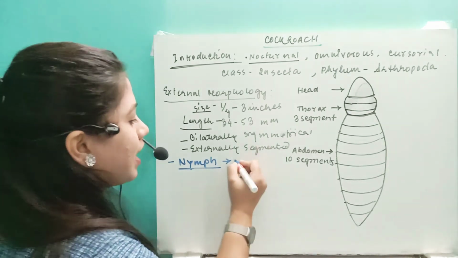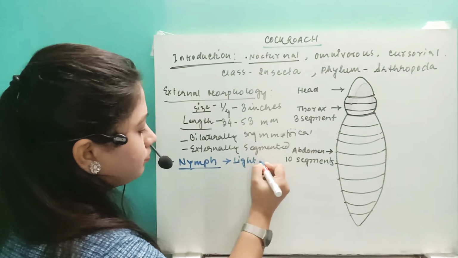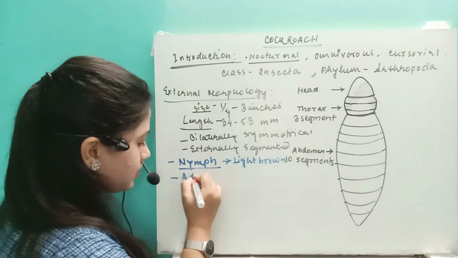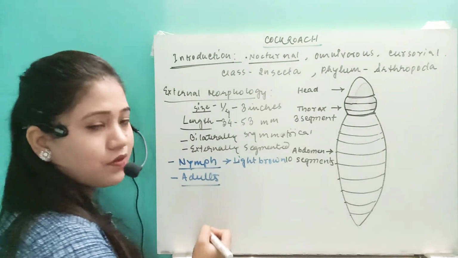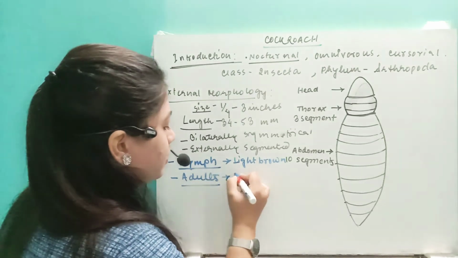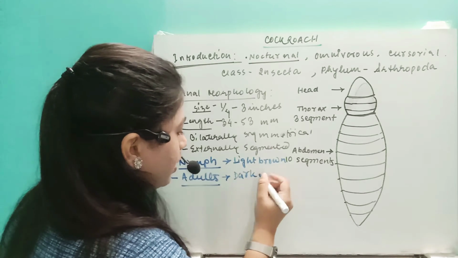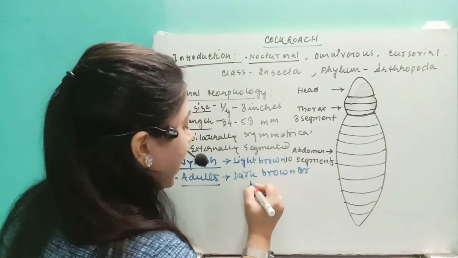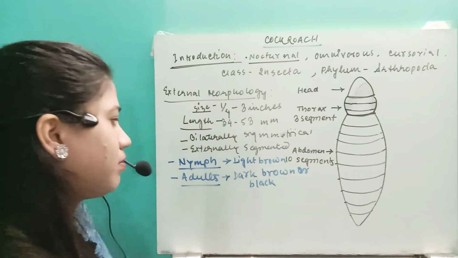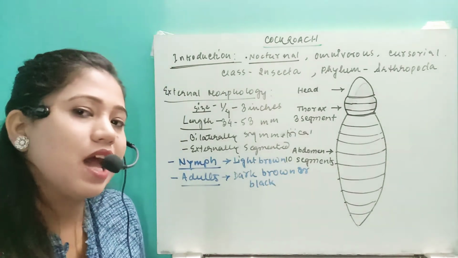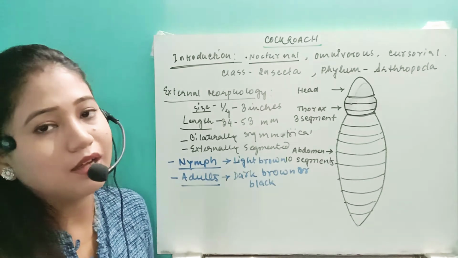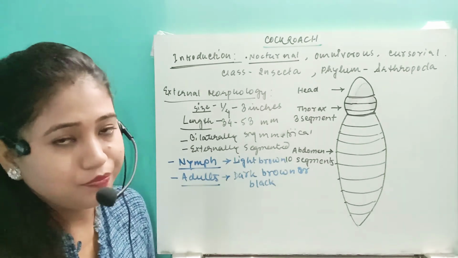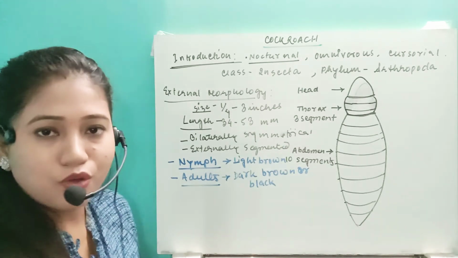Nymphs have a light brown color, and the adults have either dark brown or black color. So remember, the nymph is light in color, and the adult is dark brown or black in color.